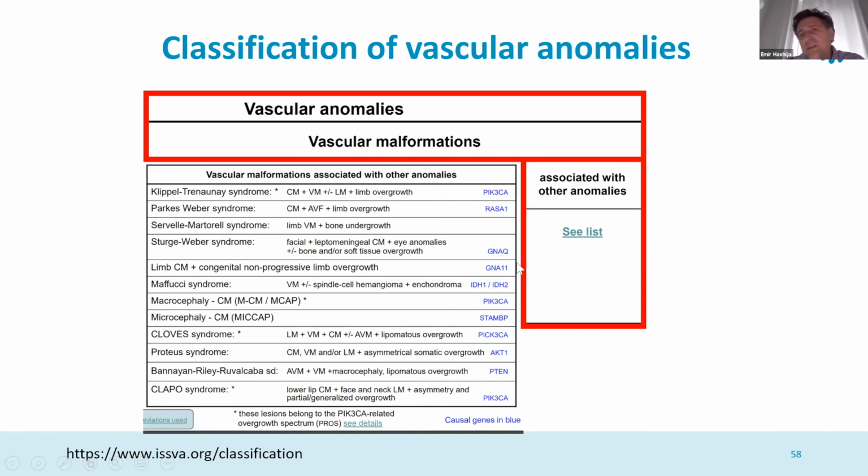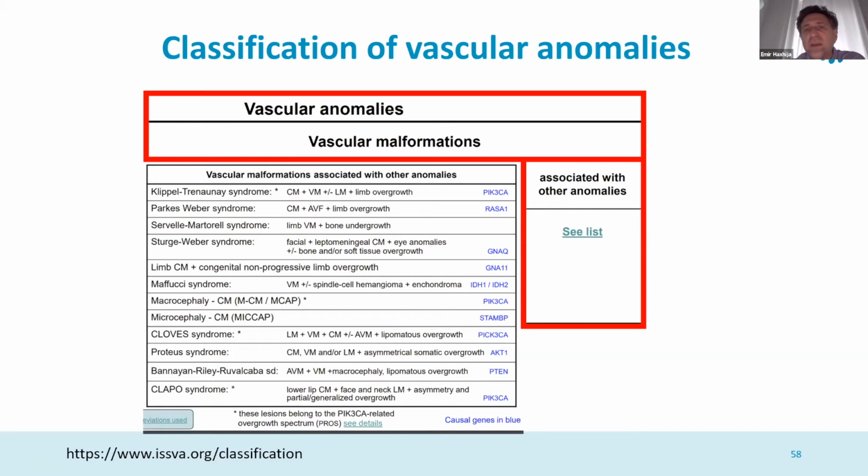But what is interesting here, and what you should know, is that if you have a patient with a vascular malformation and some limb overgrowth or bone overgrowth or asymmetrical somatic overgrowth, by doing a biopsy of this tissue you could, theoretically, if your genetic institute is going to deliver you this information, find what kind of mutation is involved in this tissue.